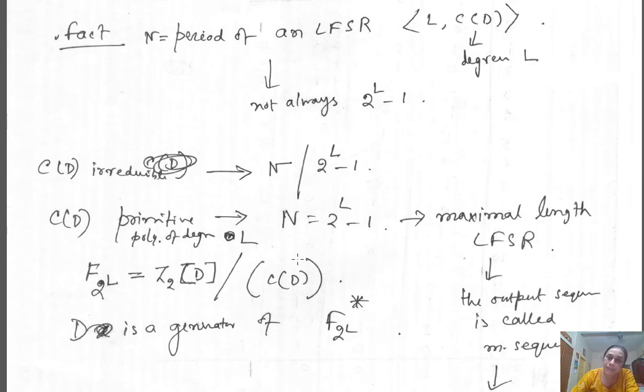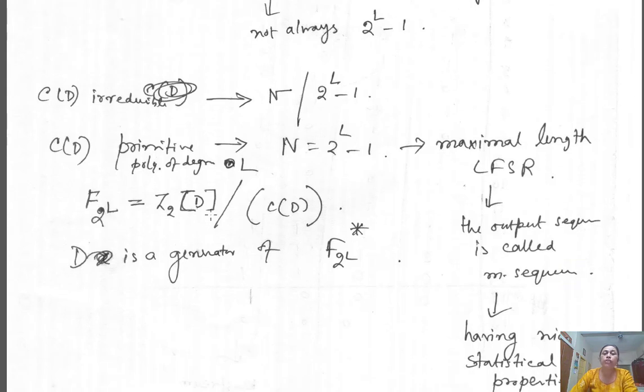So essentially, a primitive polynomial means we consider this field. CD is a primitive polynomial. First condition, it should be irreducible. So for an irreducible polynomial, Z2[D] divided by CD is a field of 2 to the power L elements.